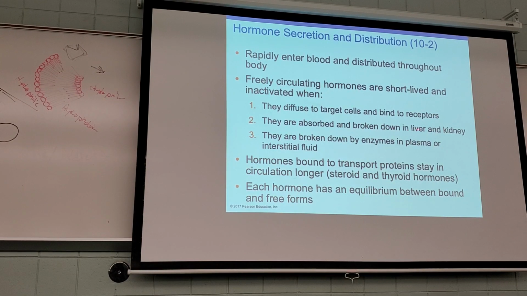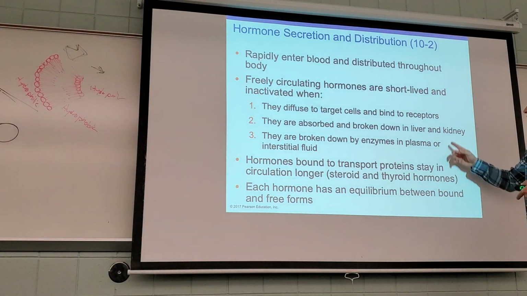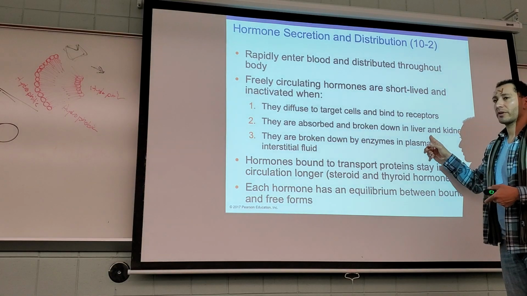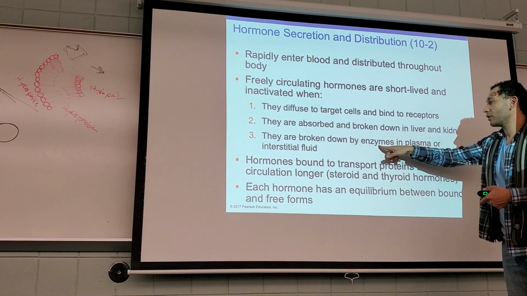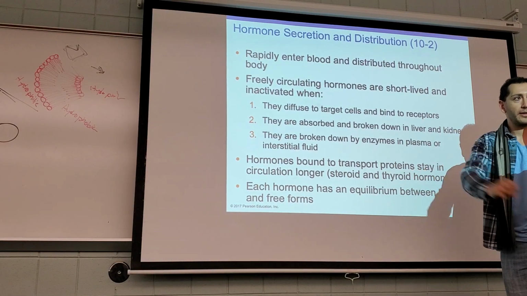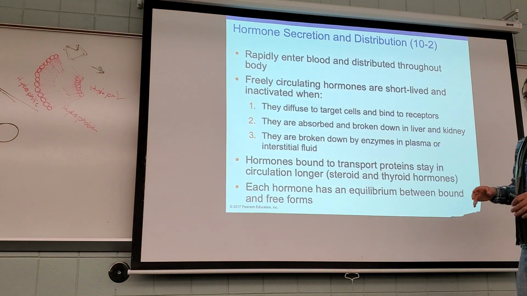They're absorbed and broken down by the liver, just floating around in the blood, and once they make it to the liver, they're broken down. Or they're broken down by enzymes that are nearby. So instead of going to the liver or kidney to be broken down, there could be enzymes floating around in the blood capturing and breaking them down. Cool.